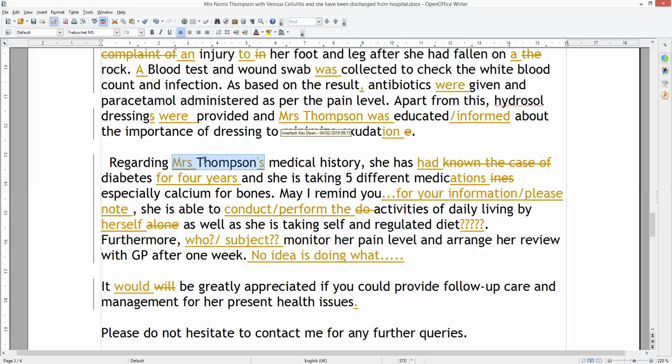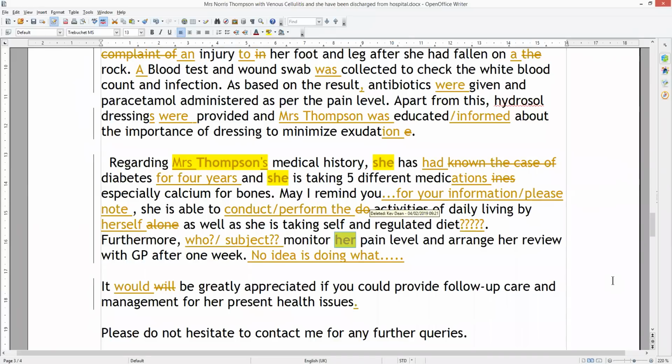In terms of pronouns, the initial one with title, then she, her, etc. That's how you usually do it. You can write the patient if you wish, but I think it's better to use the name of the person.